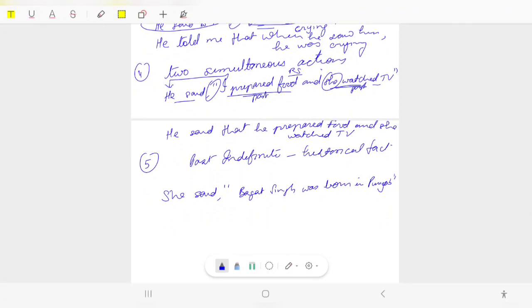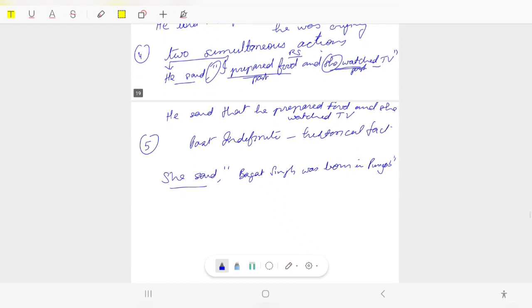One more place is there where we do not change past indefinite in RS even when RV is in past tense. That is when it expresses historical fact. She said Bhagat Singh was born in Punjab. It's a fact. It's not going to change.